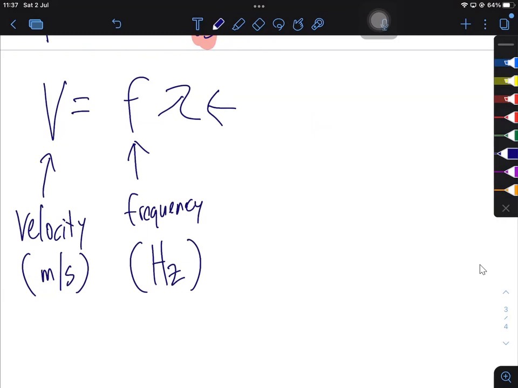It's supposed to represent the wavelength, right? And what's the units of wavelength again? Rachel? Meters. Very good, right?